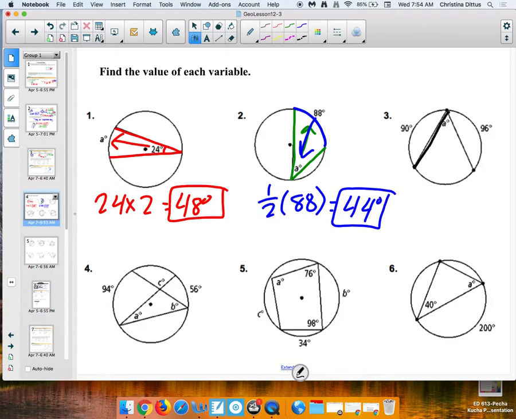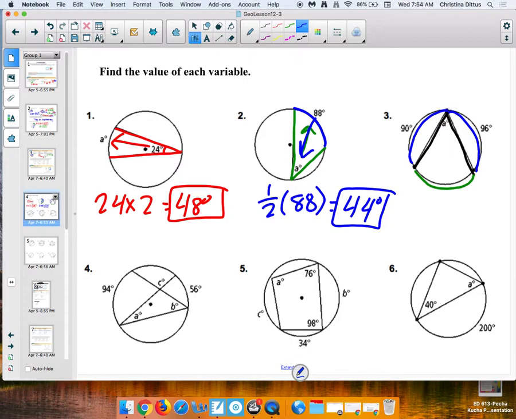Okay, I got this angle A that's intersected by this arc. Well, I don't have that green arc, so I have to find it. One of the things I know about circles is that when I go all the way around, I make 360. So I have this is 90, this is 96, and the only chunk I'm missing is the green.